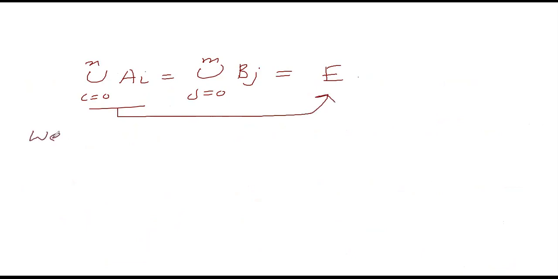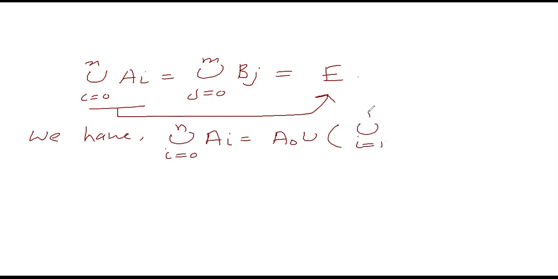We have the union over i from 0 to n of Ai, which is equal to A naught union the union over i from 1 to n of Ai. And what's A naught?